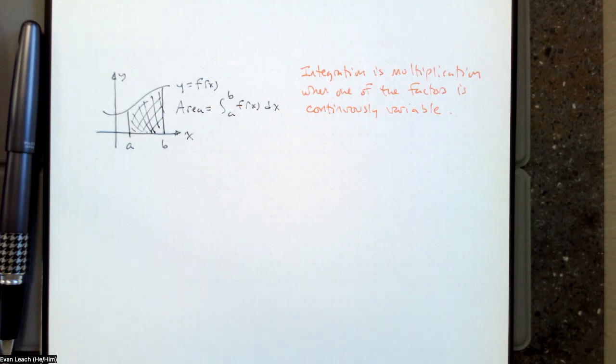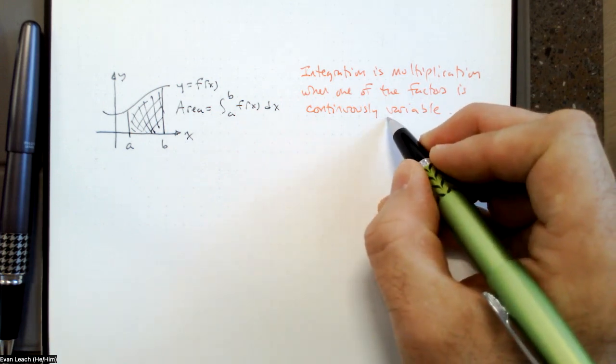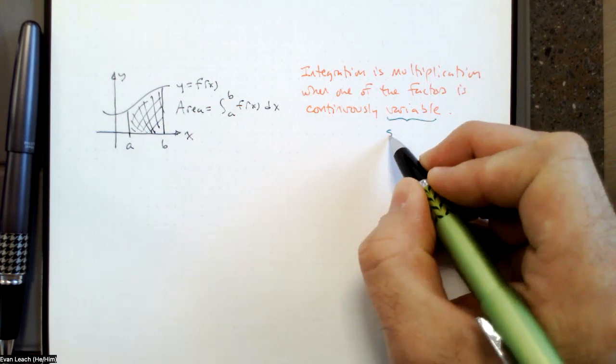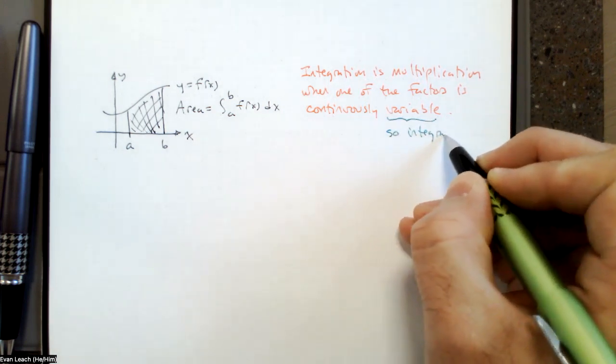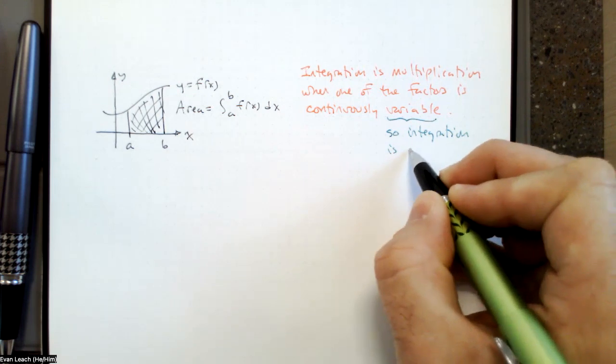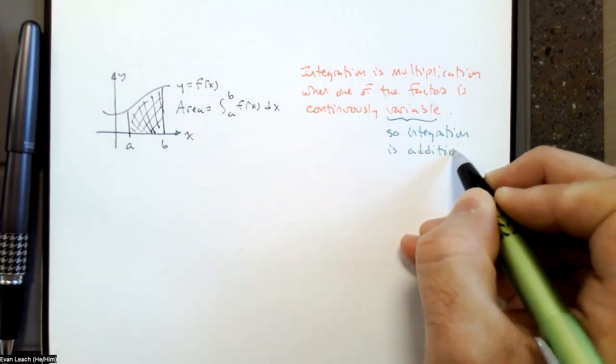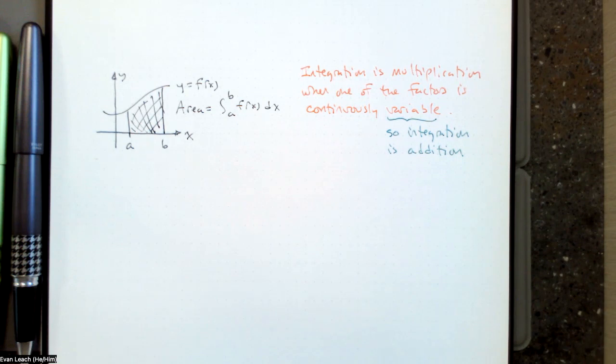To do multiplication when the factors are different, we do addition. Since one of the factors is continuously changing, we make it constant for small changes in delta x.